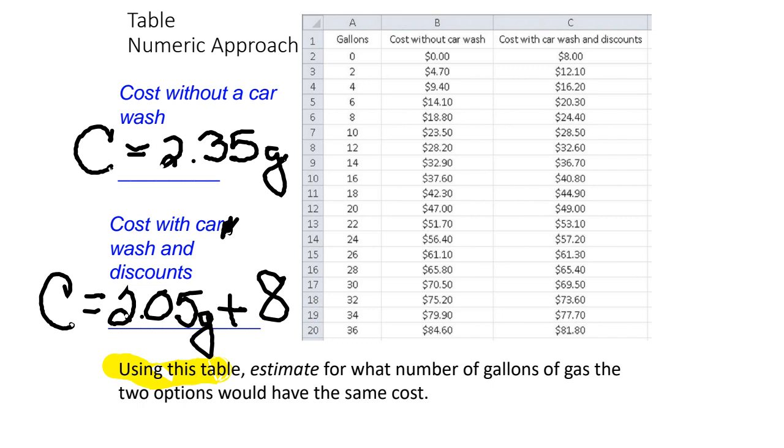Well, they're wanting me to estimate the break-even point. Look at column A. These are the gallons. If you'll notice, they're going up by 2. So therefore, I need to find where column B and column C are close together. That's how I find a break-even point in 2 columns.